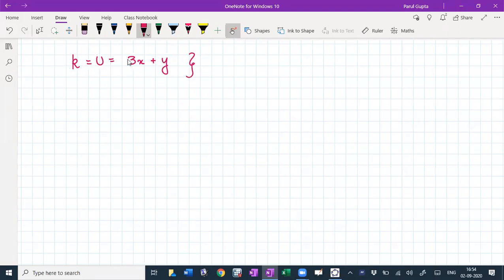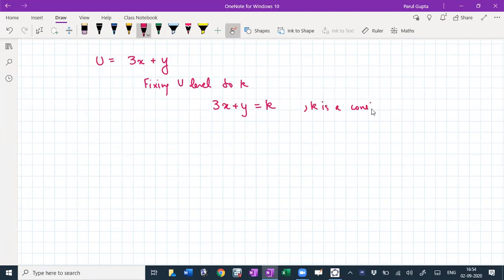Let me write it more specifically. Fixing utility level to k, we will get the equation 3x plus y equal to k, where k is a constant.